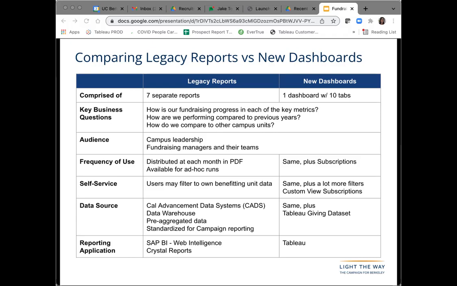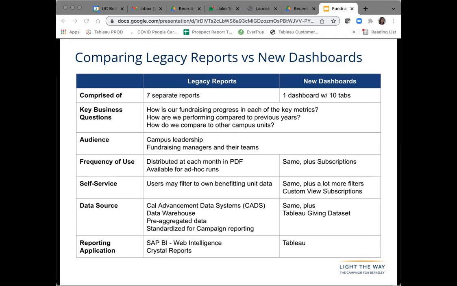For data source, we're still using the same data source. We have a CADS data warehouse. CADS is our advancement data systems, and we've pre-aggregated a lot of stuff, so it makes our reporting zip quite a bit. And we've standardized our approach to campaign reporting.